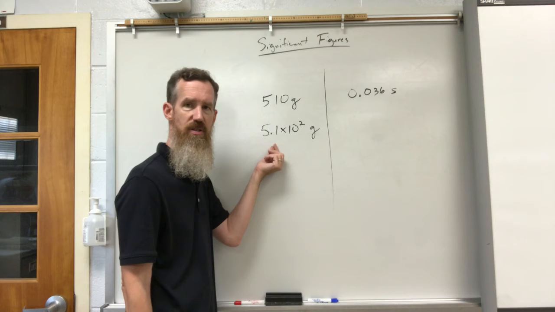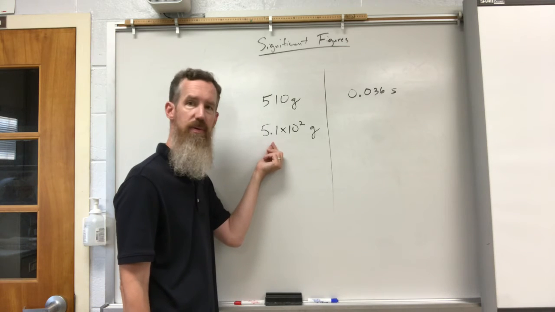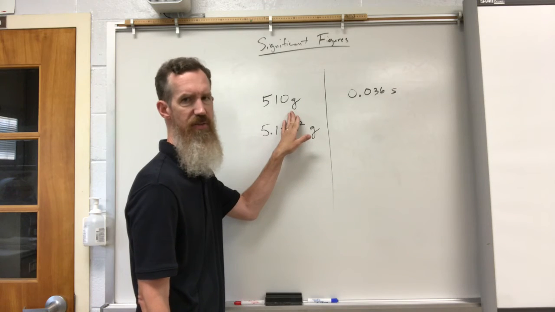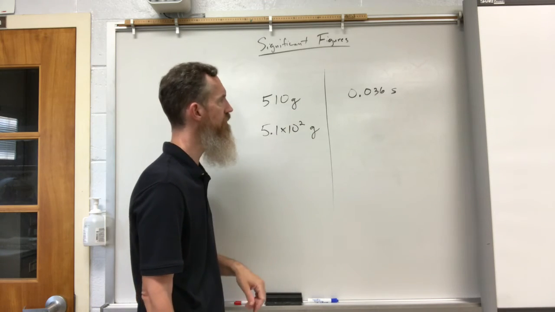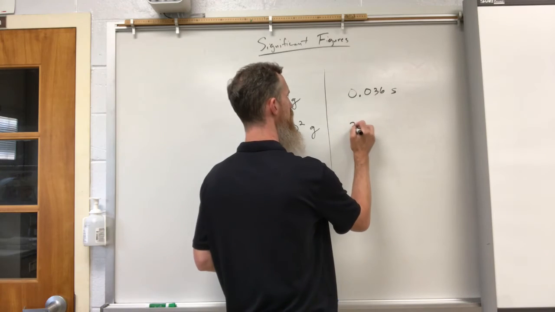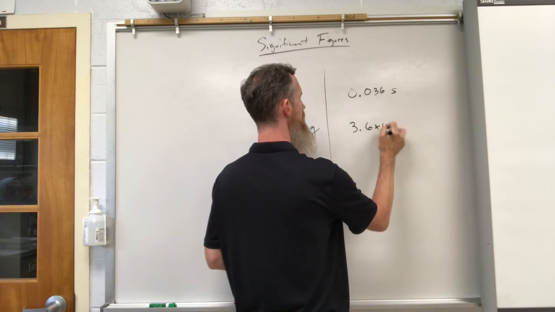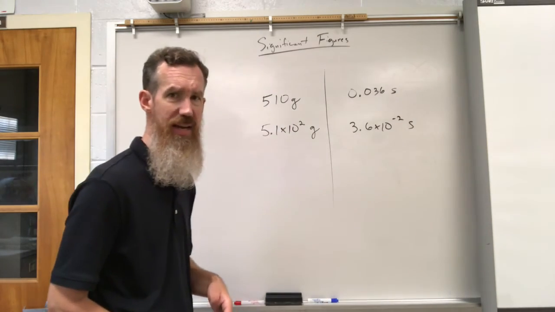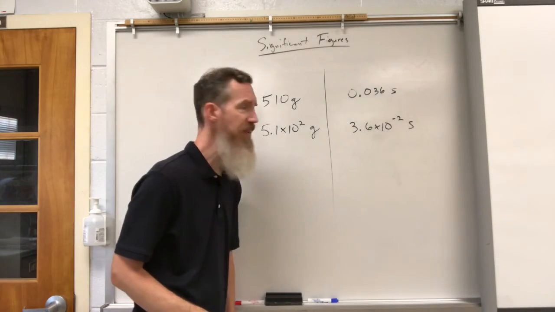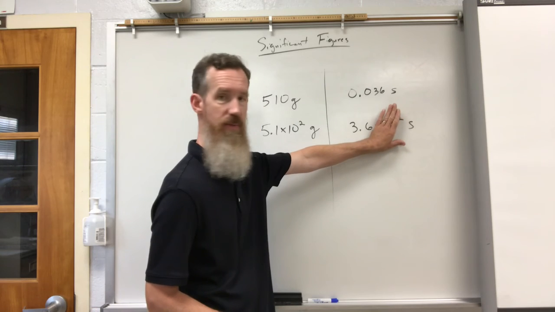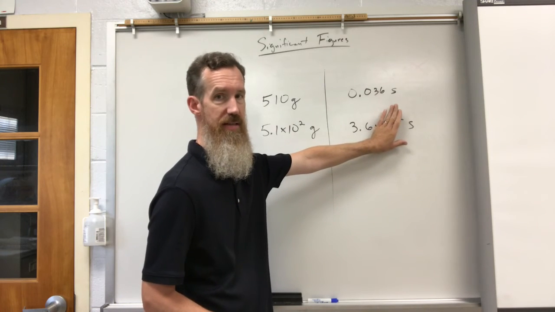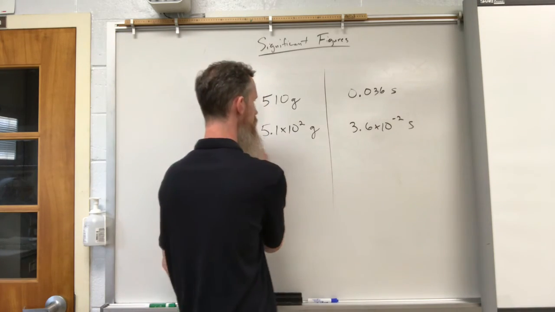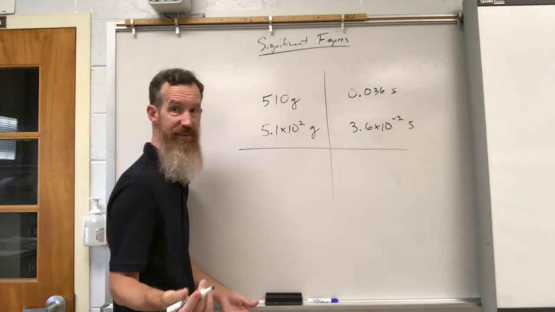So scientific notation really does help identify significant figures, because the times 10 to the whatever doesn't count towards the significant figures. Same thing with this. This could be 3.6 times 10 to the negative 2 seconds. Again, not very friendly looking, but if you ignore the times 10 to the whatever, 3.6, that's 2 significant figures.